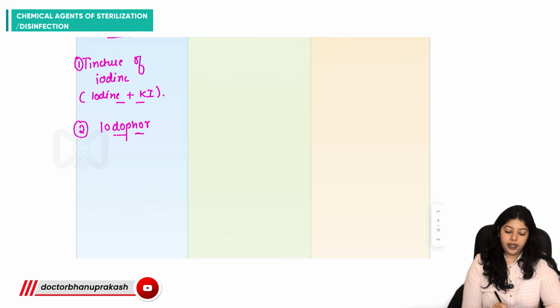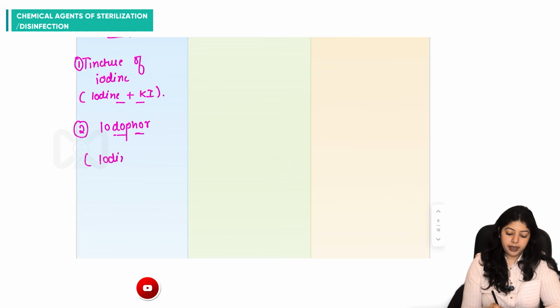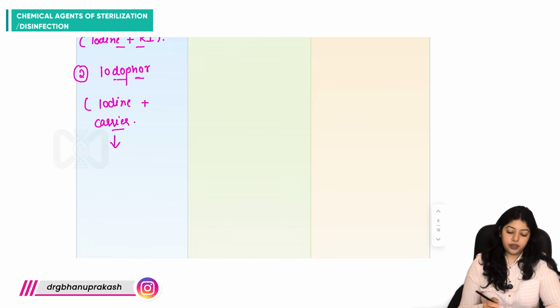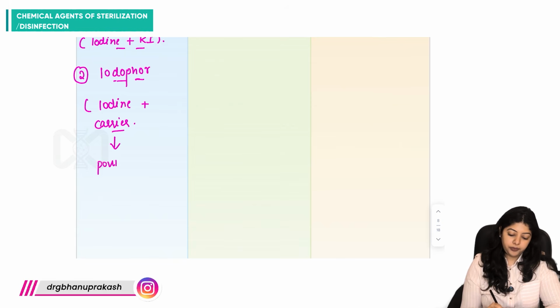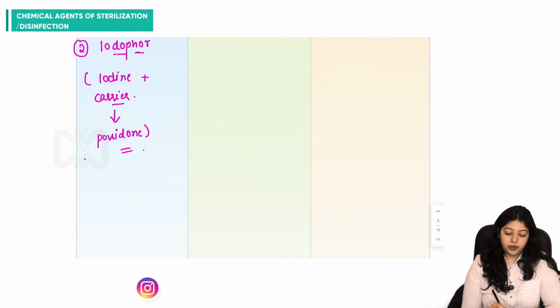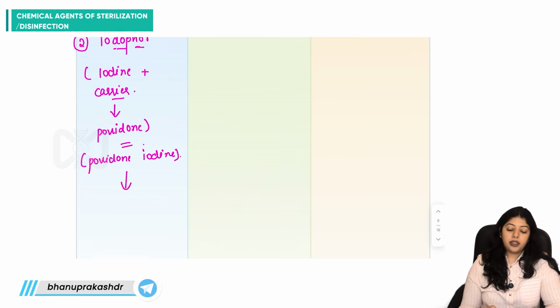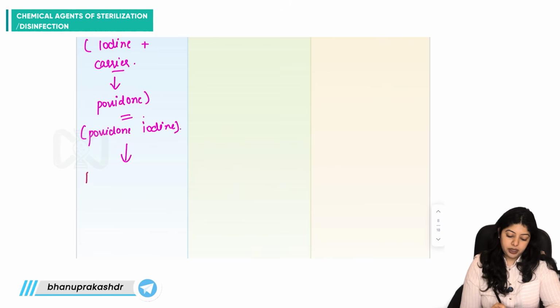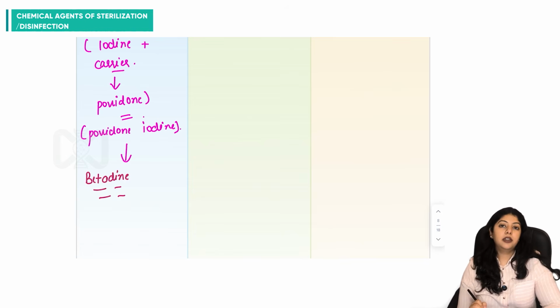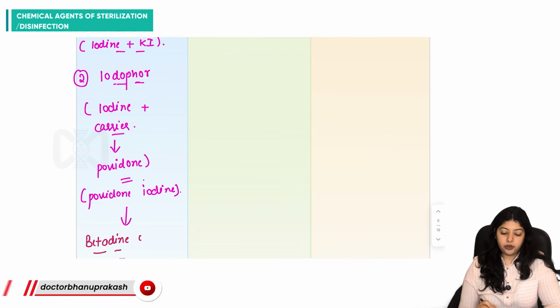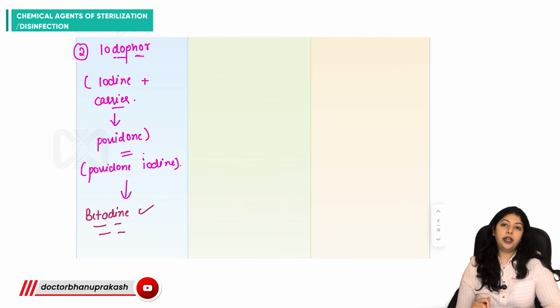And iodophore, it is when iodine is combined with a carrier. And what is the carrier we are using? We are using povidone. So we say povidone iodine, which is nothing but the betadine we use as skin antiseptic, right? So we have tincture of iodine and povidone iodine.